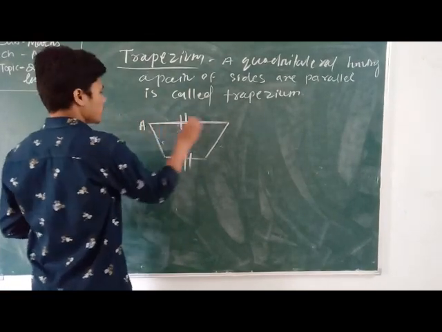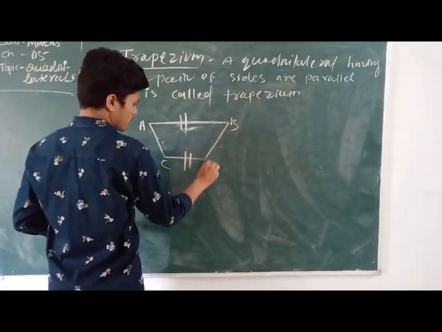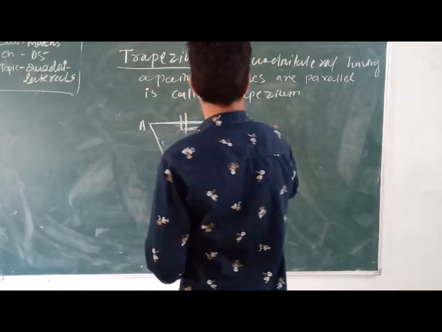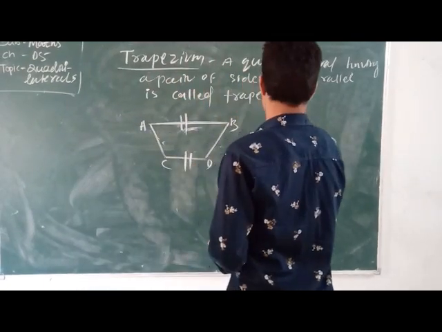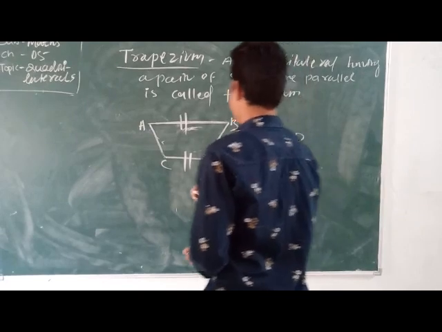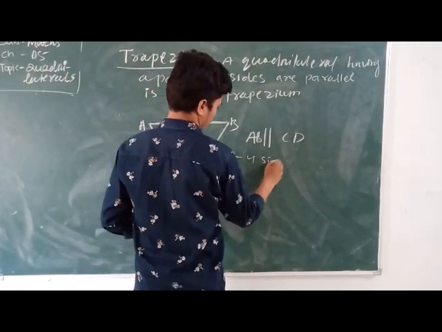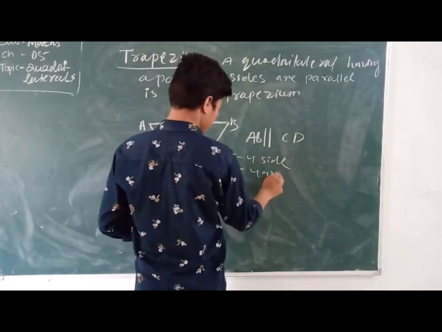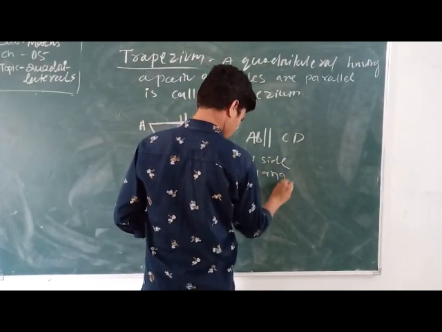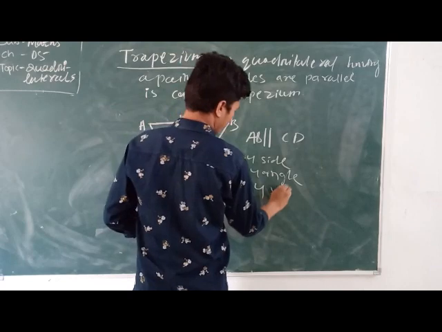Okay. A, B, C, D. That means AB is parallel to CD. Here also how many sides are there? Four sides, four angles, four vertices.